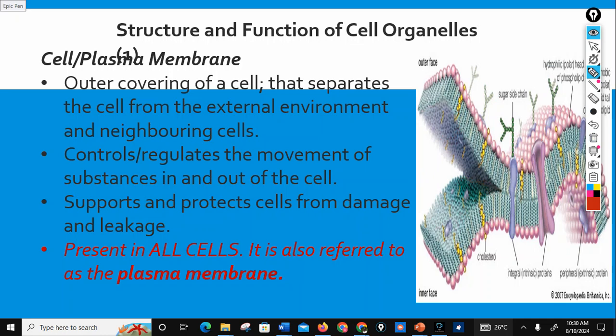In the plants, you are going to find the cell membrane in the second layer, while in the animal cell it is the first layer, right? It separates the cell from the external environment and neighboring cells. So the cell membrane essentially separates cells from one another. So it separates the inner environment from the outside environment and from other cells, right?